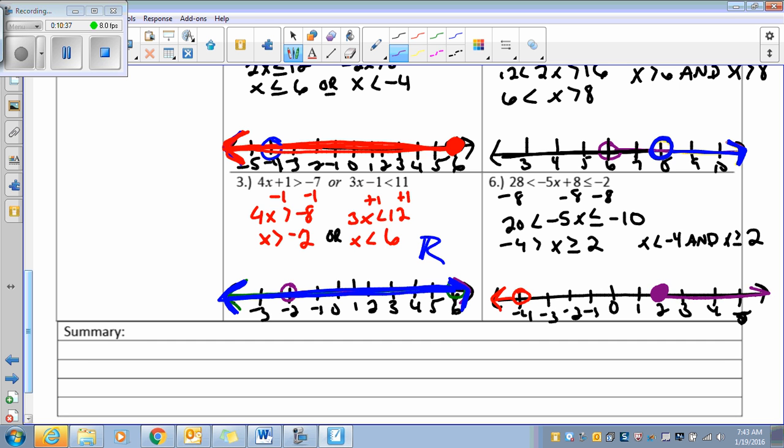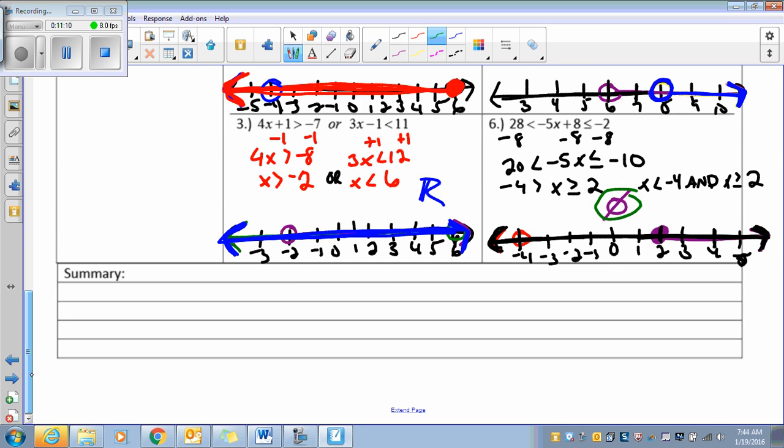Now, because this is an AND, you need to look at where the graphs overlap. Well, you'll notice that they don't overlap anywhere, so there will be no solutions that are the same. There are no solutions to this inequality. So you would not graph anything. You would have nothing on this graph. So you wouldn't have the purple or the red because you cannot graph it. There are no solutions. So in this case, our answer would be no solutions.